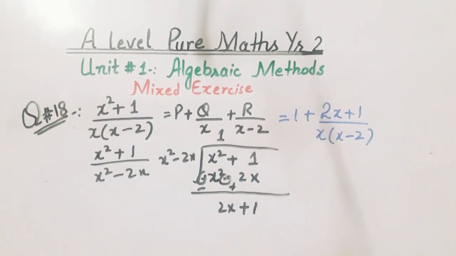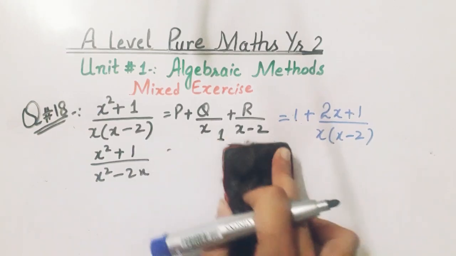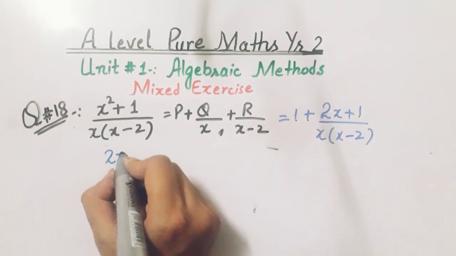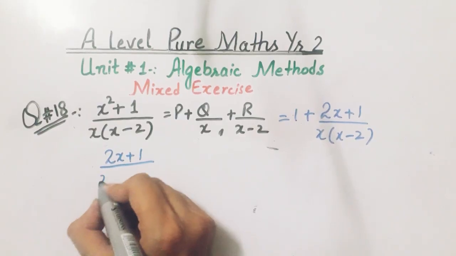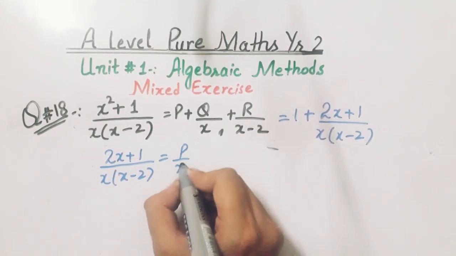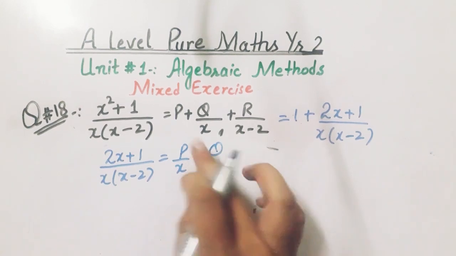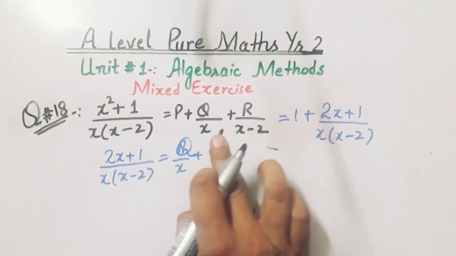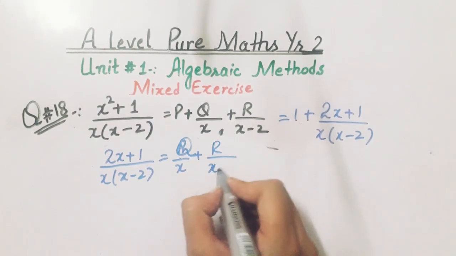Now we will do the partial fraction on this. So 2x plus 1 divided by x into x minus 2 will be written as p over x plus q over x, and the next one is r over x minus 2.